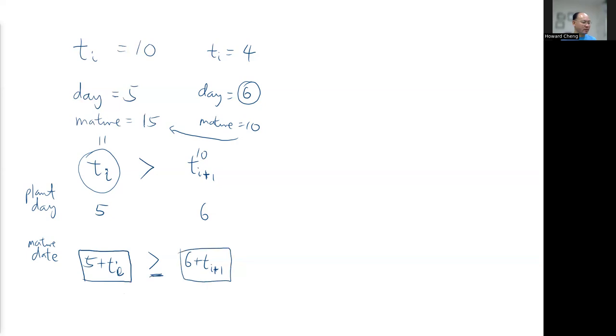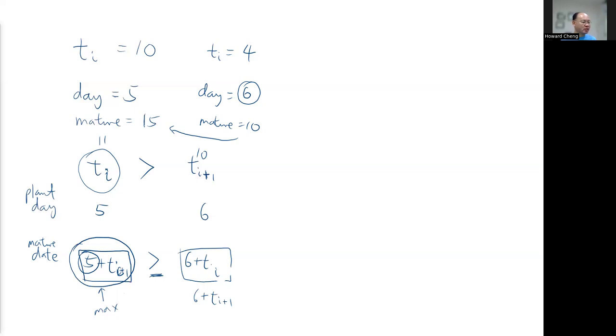And the maximum time to mature is actually going to be this one, which might be a little bit smaller. Why? Because this is the early day. But the most important thing is that if I did it the other way, it was 6 plus Ti plus 1. And now it is 5 plus Ti plus 1.